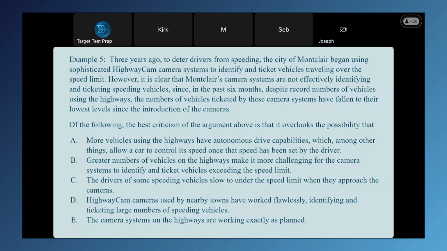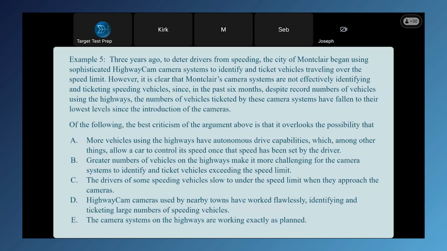But if B were true, then the conclusion would be maybe not strengthened, but it would offer us a reason. It doesn't weaken the argument to say, hey, what if this is the reason? Like, we don't really care what the reason is. The claim is that the cameras are not effectively identifying and ticketing speeding vehicles.